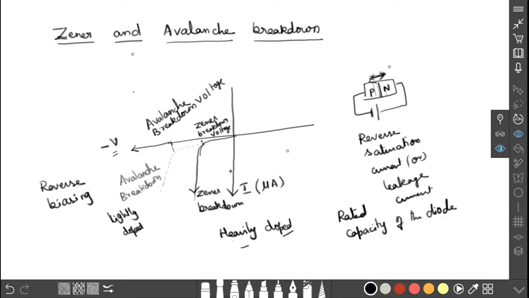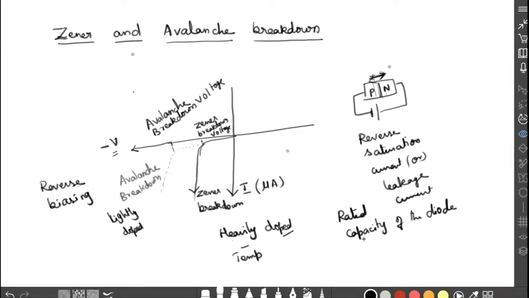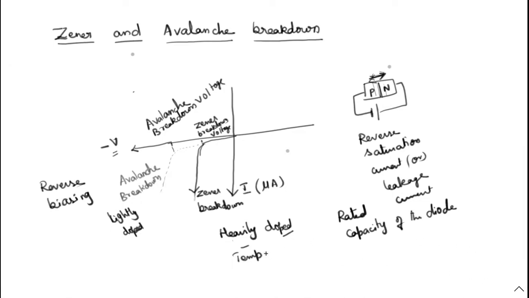This Zener breakdown is termed a temporary breakdown. That means if you remove the reverse voltage, the junction will regain its original function. This is Zener breakdown.